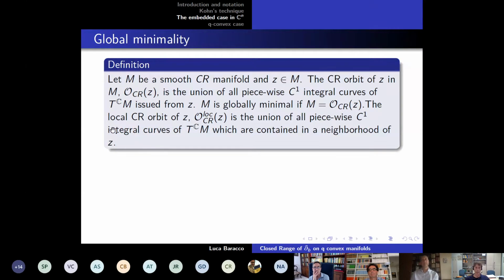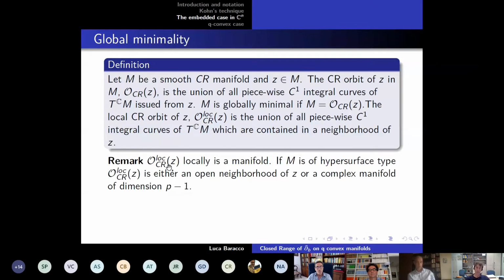We also define the local CR orbit of point Z, which is the union of all piecewise C^1 integral curves of T^C M which are contained in a neighborhood of Z. The local orbit is locally a manifold. If M is of hypersurface type, this means that the local orbit of a point is either an open neighborhood of Z or a complex manifold of dimension p-1.